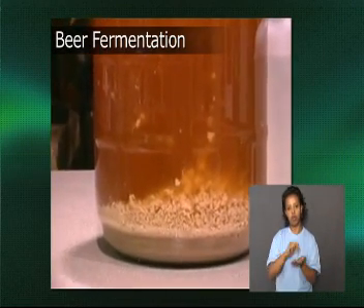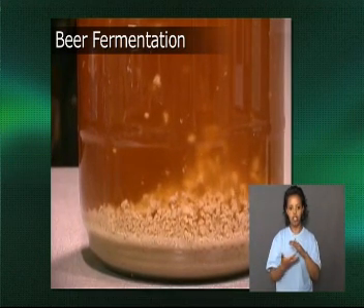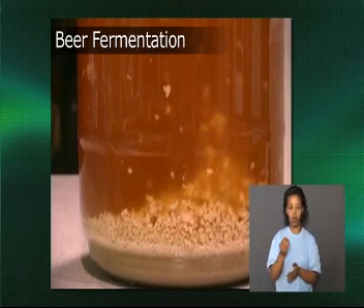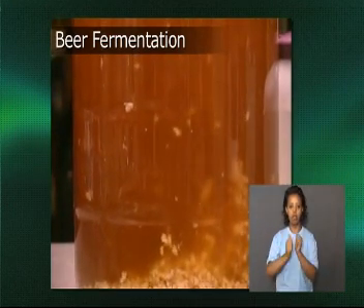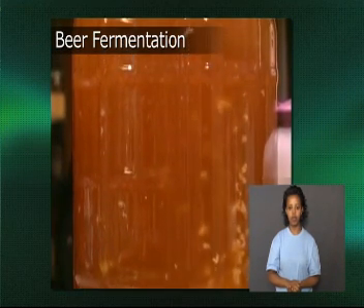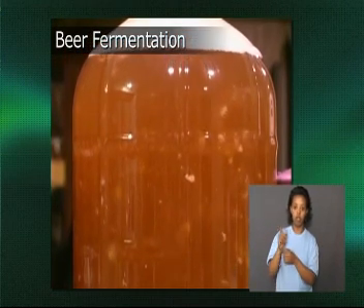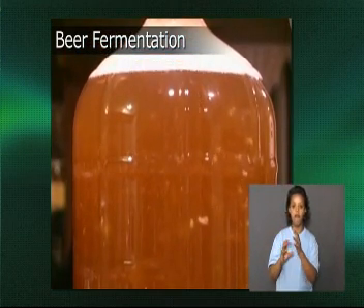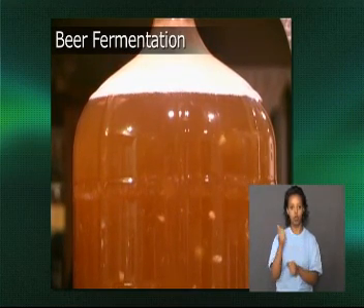Yeast and bacteria initiate the fermentation process, converting sugar into alcohol and carbon dioxide. If you turn your attention to this video, you can see the fermentation process taking place in home-brewed beer.